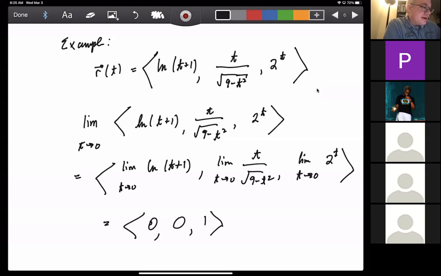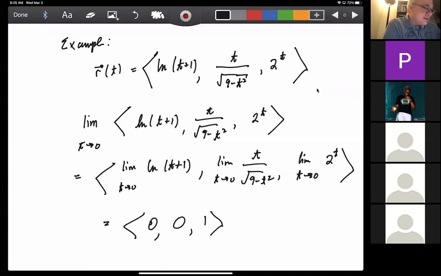Okay, so for both limits and continuity, you look at what's happening with the components, and if everything is well behaved for each component, then the vector function itself is well behaved. Okay, that's the basic idea.